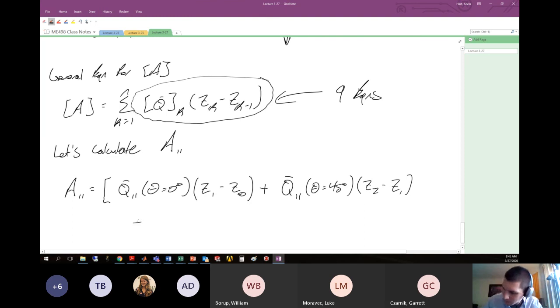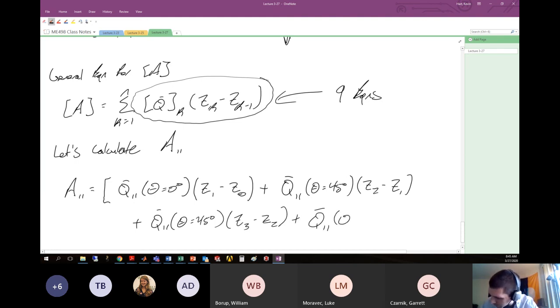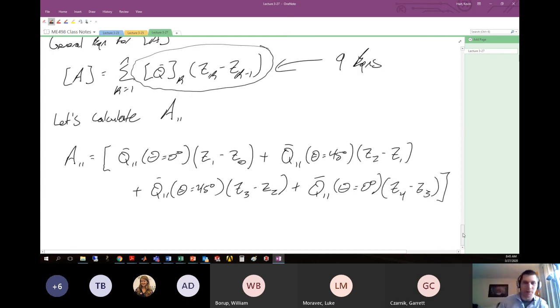We'll continue with the contribution of the third layer, which is Q bar 1, 1 evaluated for theta equals 45 degrees, multiplied by Z3 minus Z2, plus the contribution of the fourth layer, which is the 1, 1 entry of Q bar evaluated at theta equals 0, multiplied by Z4 minus Z3. And this is the whole expression simply for A11.